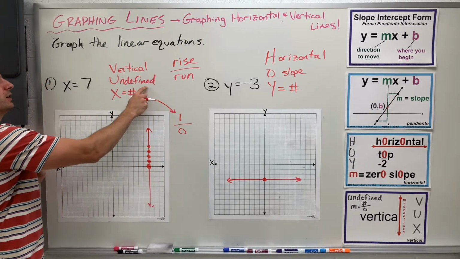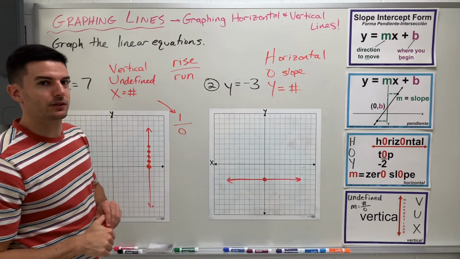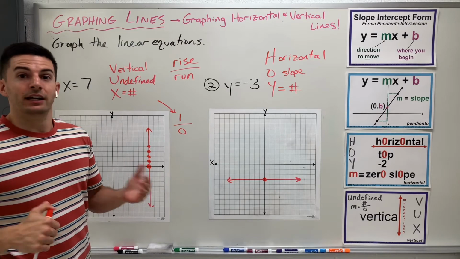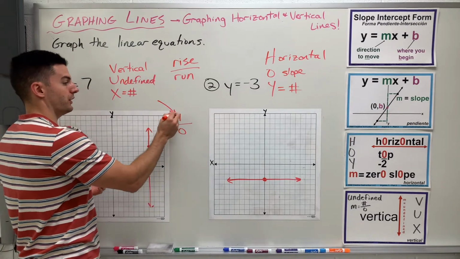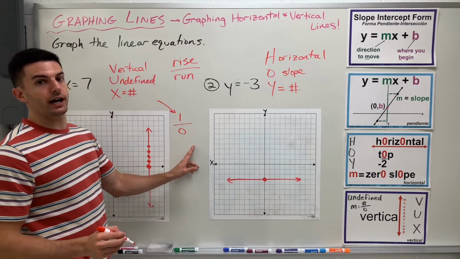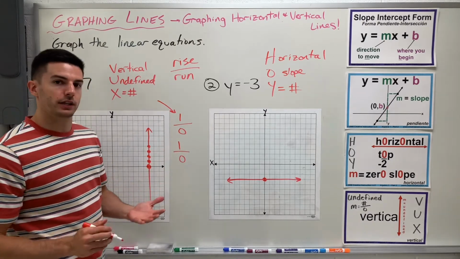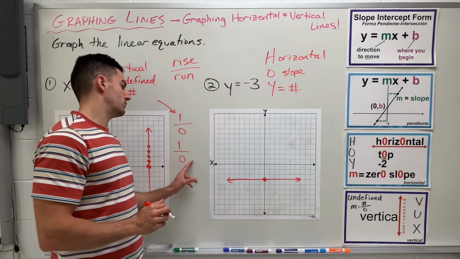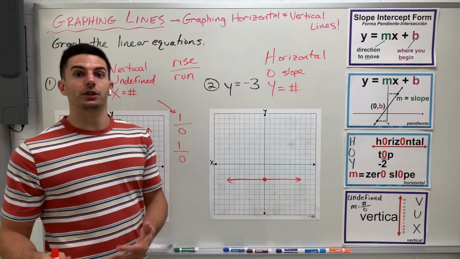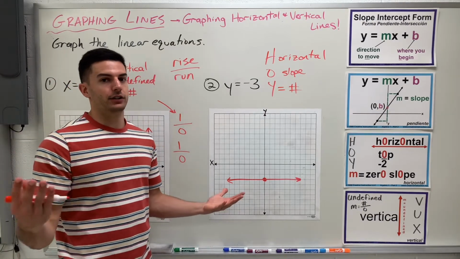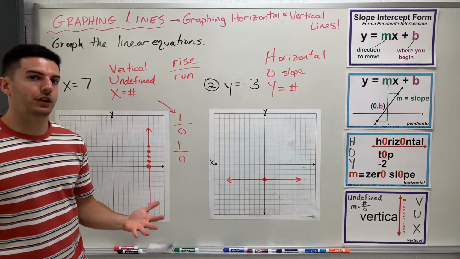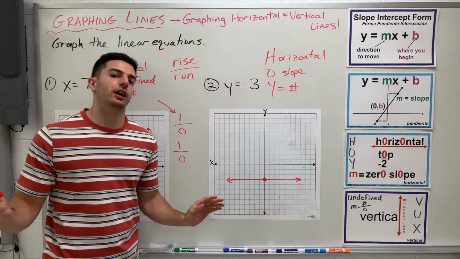So that's what the slope of this line would be. And you might be thinking, okay, well then what's undefined? What does that mean? Okay, that's not really like a number. And it's not, right? Because if you think about this, 1 over 0, as a fraction, 1 divided by 0, if you did that in a calculator, 1 divided by 0, or anything divided by 0, you would get an error. It would say, error, you can't do it. Because that's one of those math things that is not possible. You can't divide by 0.